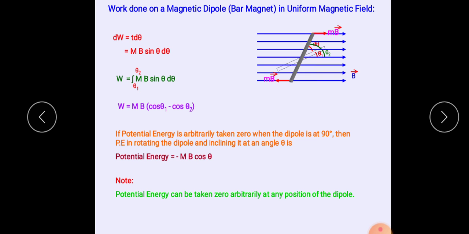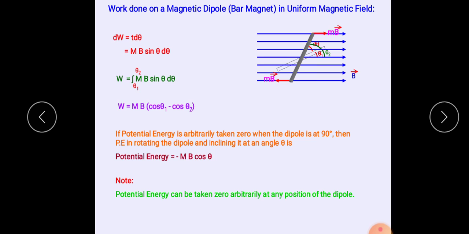Now, terrestrial magnetism. I would like to discuss some other terms regarding this. Work done on a magnetic dipole in a uniform magnetic field: some more points are required. If it is asked to find the position of stable equilibrium, as in the case of electric fields, the orientations are much the same.